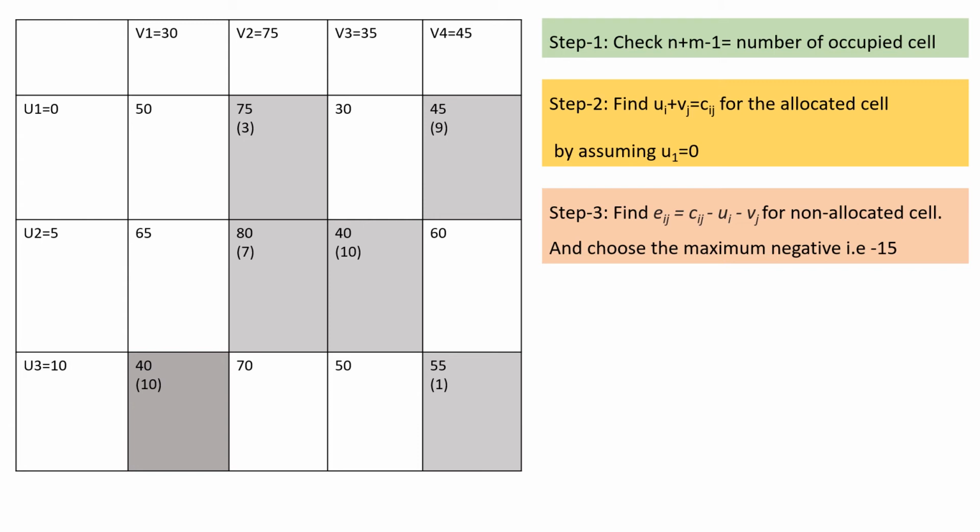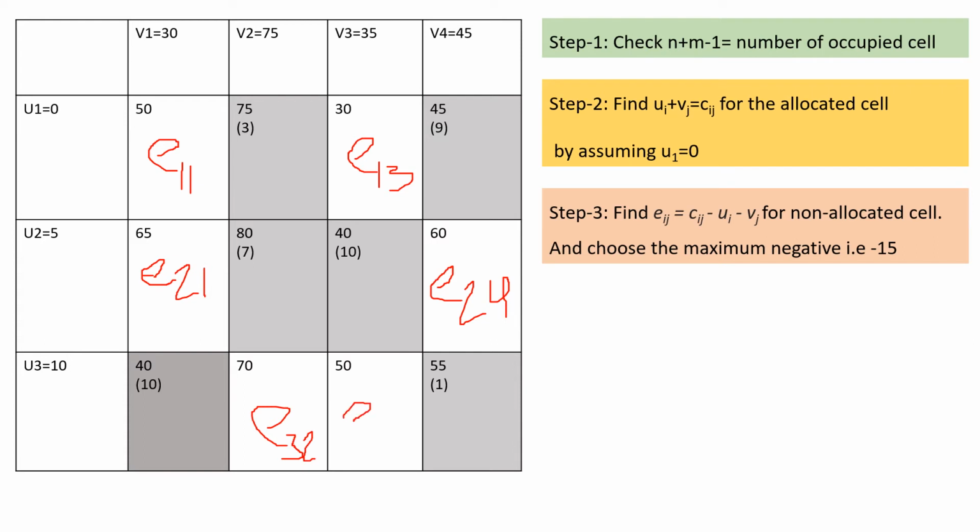Here, the non-allocated cells are E11, E13, E21, E24, E32, and E33.